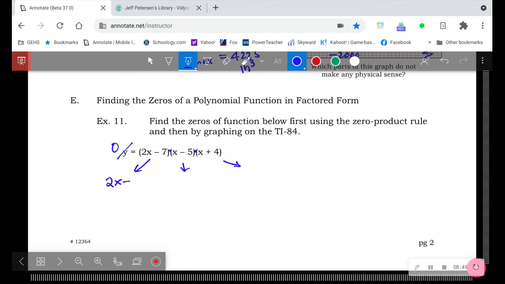That's the only way a product equals 0. So maybe it's the first one, maybe it's the second one that equals 0, and maybe it's the last one that equals 0. So going from right to left here, if we subtract 4 from both sides, you get negative 4 for the first answer. If you add 5 to both sides here, you get 5 for another possible answer.